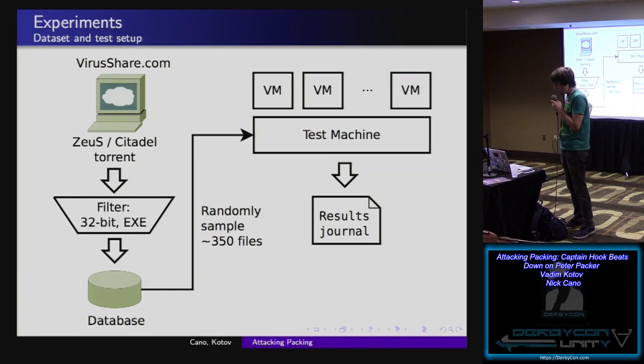We picked it because in the early stages of development, things would just go wrong all the time, and we had to manually go through all that malware, manually recreate the unpacking steps, and find out what went wrong and how we should adjust our unpacking algorithm. So 350 is about the number we were comfortable going through manually in a few days.